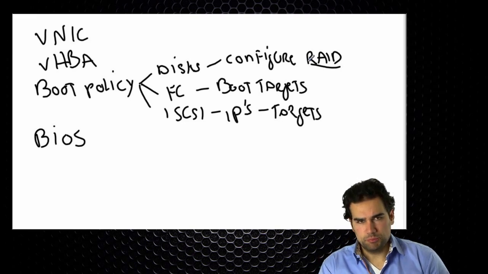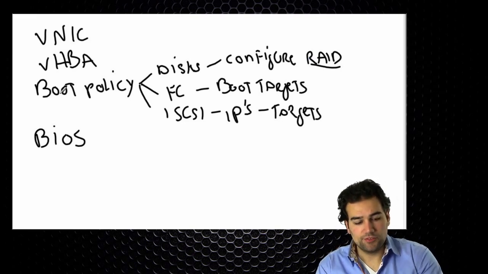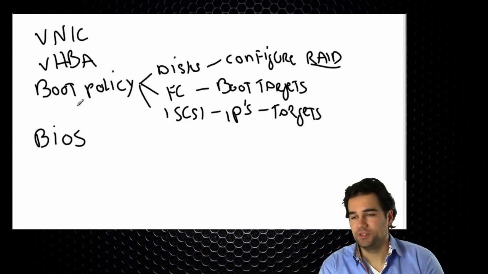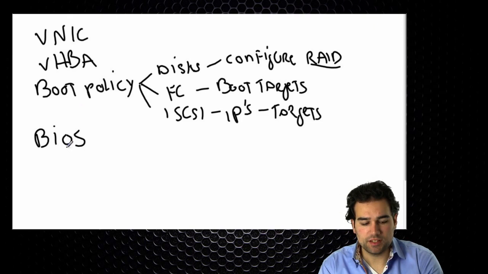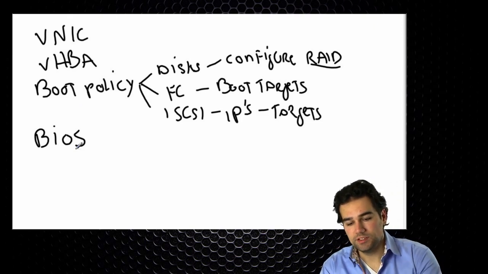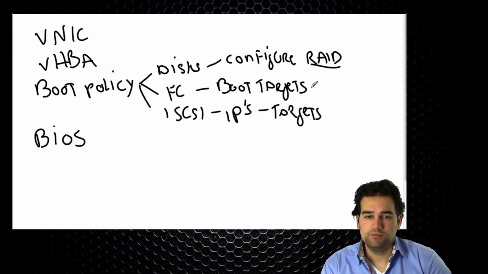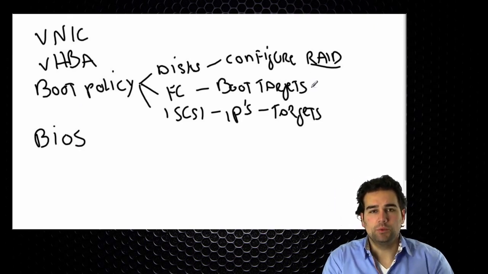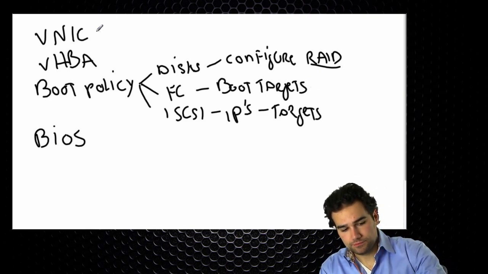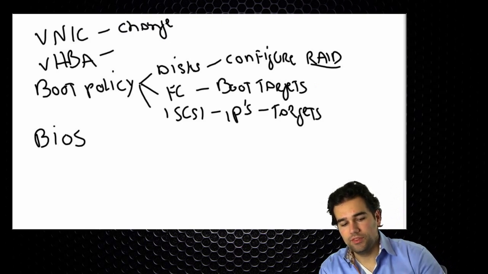Most of these settings will be pretty much static. If I configure a boot policy once, that's probably never going to change for a server. It's going to boot from this indefinitely. If I set a BIOS setting, sometimes I might need to change that, but 99% of the time that will stay the same. Same as for a RAID controller. I probably want to keep that equal to how it is currently. But for networking, I have a lot of changes in this.